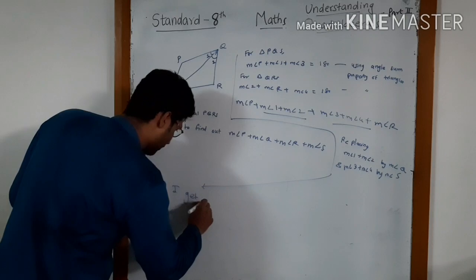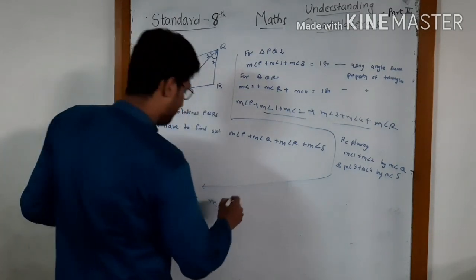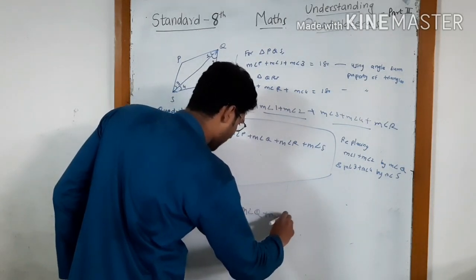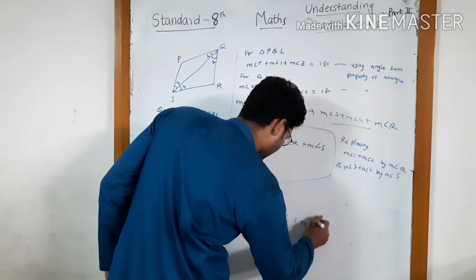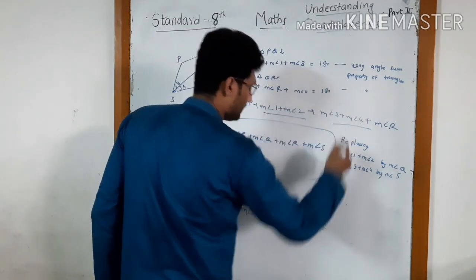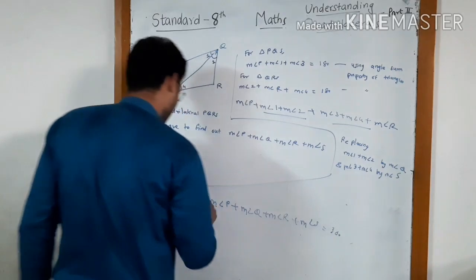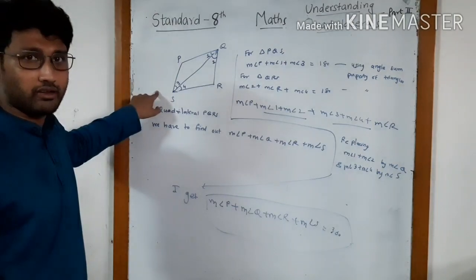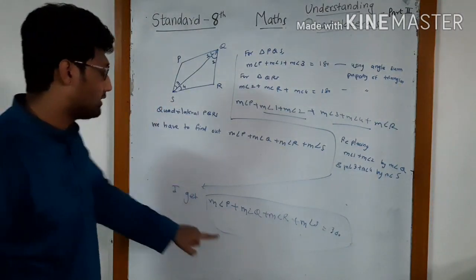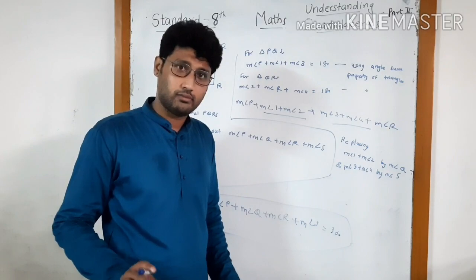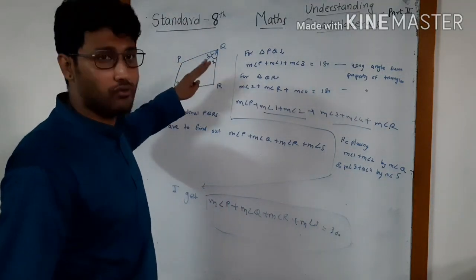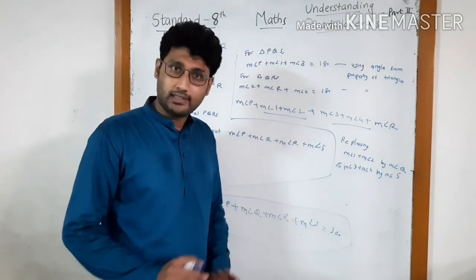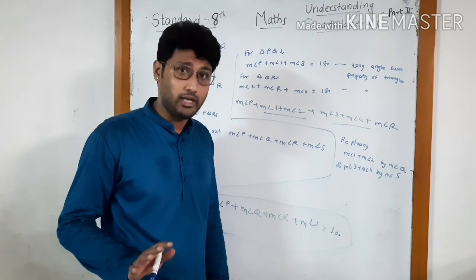I get measure angle P plus measure angle Q plus measure angle R plus measure angle S is 180 plus 180, which is 360. So I get that the sum of all the angles of a convex quadrilateral is 360 degrees. Clear? We simply use the angle sum property of a triangle to find out the sum of the angles of a quadrilateral. It is very simple. I hope this much is clear. Let's move on.